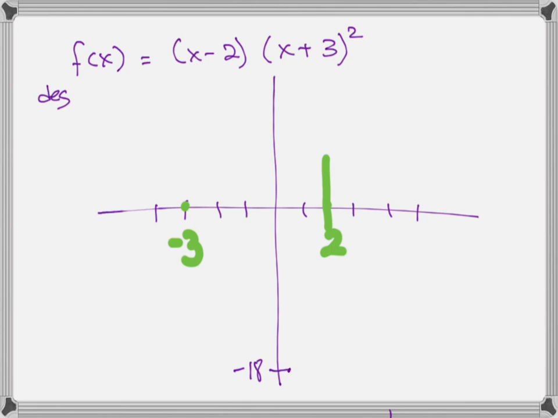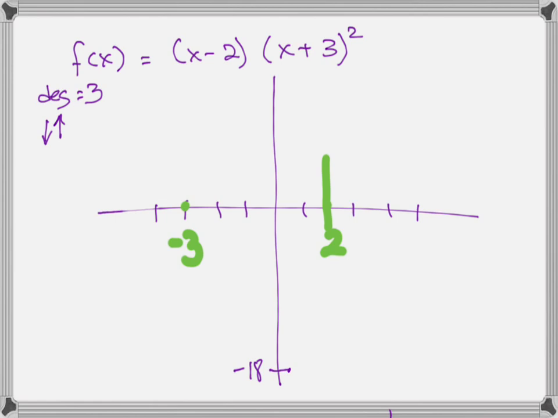Set x equal to 0. 3 squared is 9 times the negative 2 is a negative 18. What's the end behavior? The degree we said was 3, and the leading coefficient is positive. So what's the end behavior? Down and up. Degree is 3, odd number.